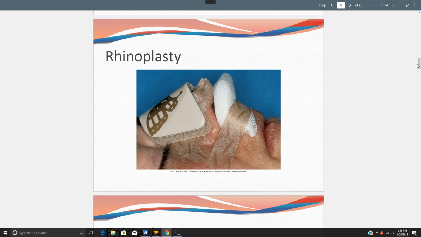How can I tell if this person is bleeding? We want to assess how often a patient swallows, because that is a priority. Blood is dripping down the back of the throat, the patient feels that, and he will constantly continue to swallow so he can breathe. If you see that, it would indicate a posterior nasal bleed.